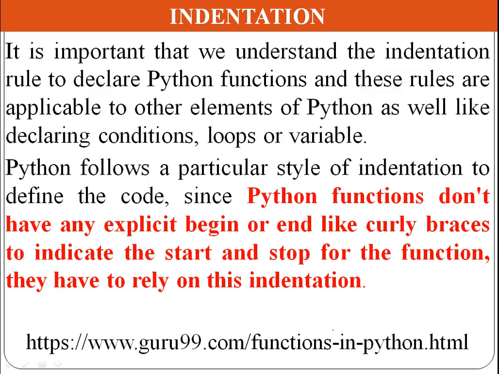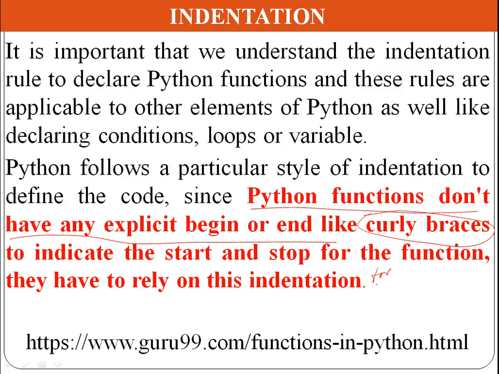Python follows a particular style of indentation to define the code. Why is it so? Because Python functions don't have any explicit begin or end like curly braces, as we have seen in many programming languages. In a for loop, for example, curly braces start and curly braces end. These curly braces are not there in Python.